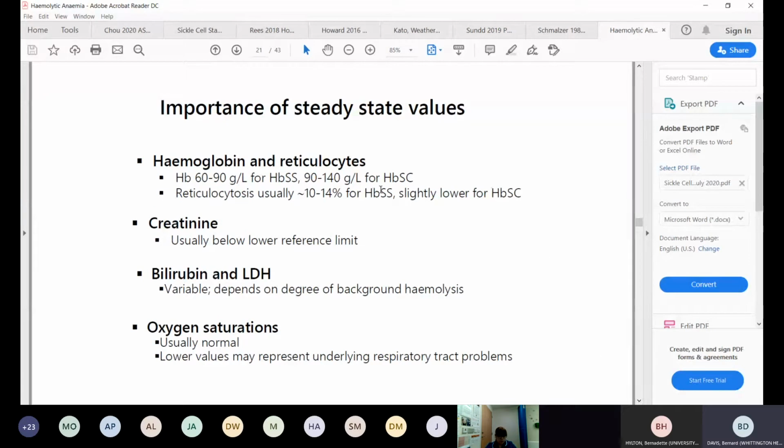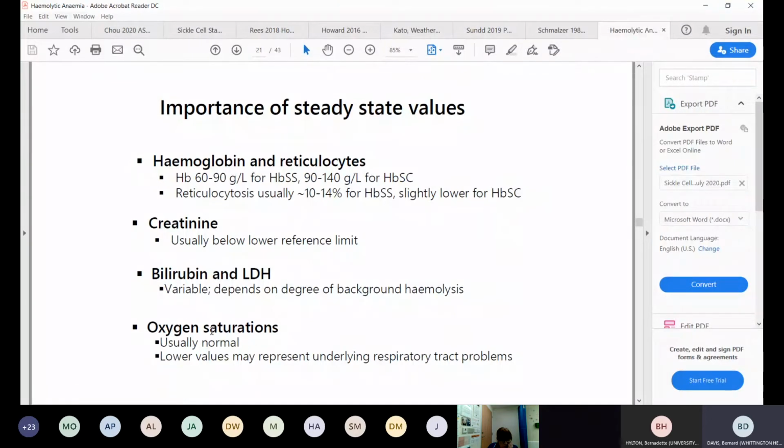Now, bear in mind also that these patients will have so-called steady state values. These are values which they have when they're well and in between crises. So the hemoglobin will be at a certain level. Creatinine is usually lower than the normal reference limit. So if you see a patient with a normal creatinine, it's possible that they already have established renal impairment.